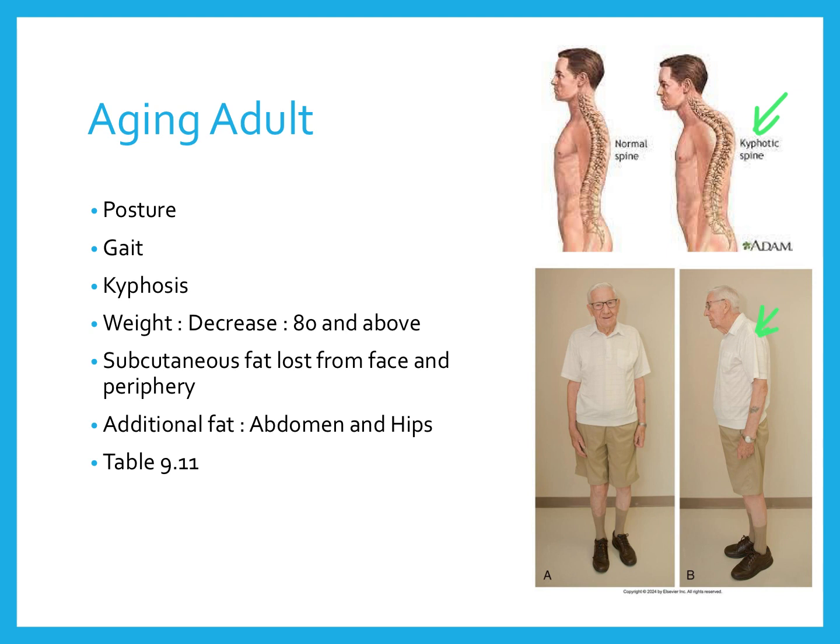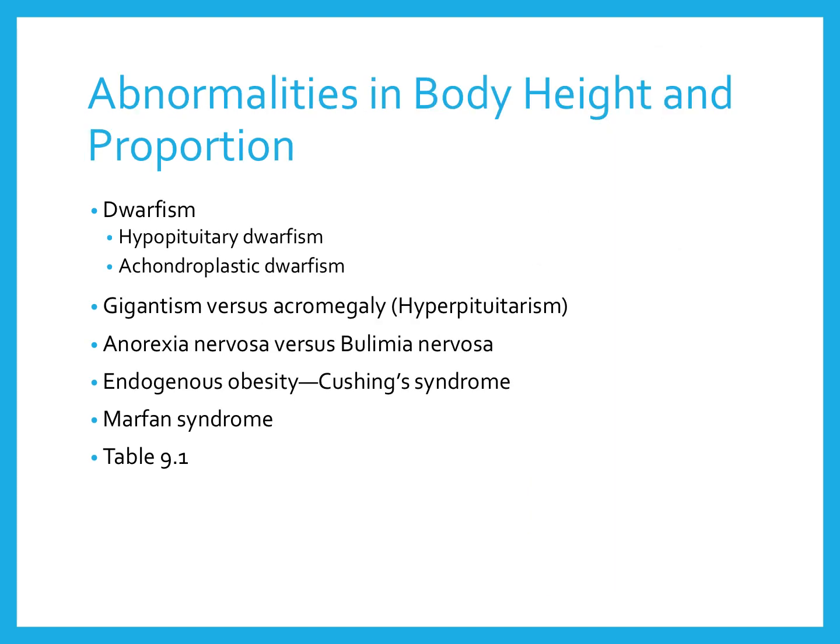Their gait can be slower, more unsteady. Their posture is that kyphosis posture. And then their weight can decrease, or it just depends on each patient, I believe. Subcutaneous fat loss from the face and periphery, so that makes their face go down farther, and they may carry more weight in their abdomen and their hips.